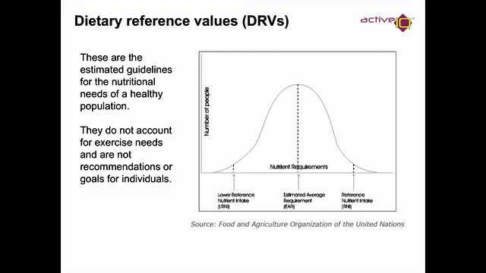And if we have a little bit of a look at the graph, going from left to right, we have lower reference nutrient intake. We have right in the middle, estimated average requirement, and on the right, reference nutrient intake. Essentially, what this graph shows us is that the vast majority of the population will need quite a lot of nutrients in order to live a healthy life.